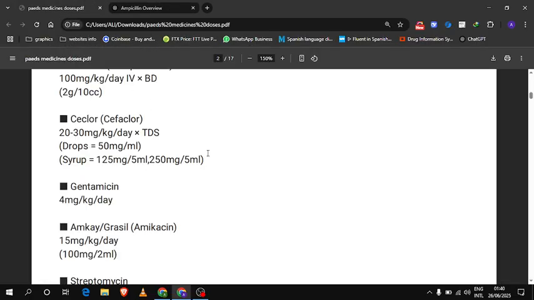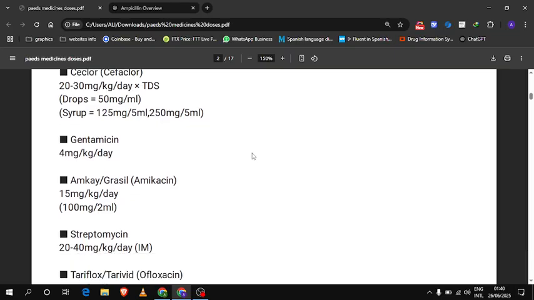The dose of cefaclor is 20 to 30 mg per kg per day. It is given TDS. Drops strength is 50 mg per ml. Syrup is 125 and 250 mg.